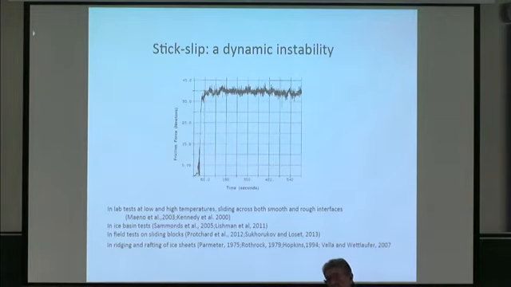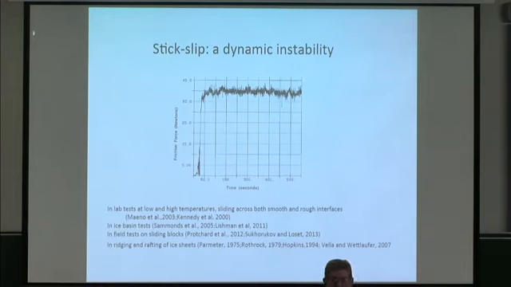Characteristic of sliding at these lower speeds is stick slip. Whether it's measured in the laboratory, sliding across both smooth surfaces and rough surfaces, whether it's measured in an ice basin test for Peter Simon's group, whether it's measured on sliding blocks by Sukharakov, Prochard, etc., even ice ridging and rafting seen in the field, it's all jerky.